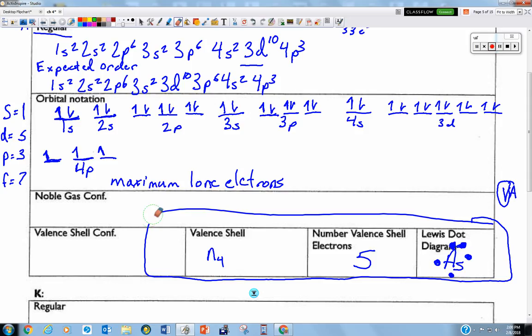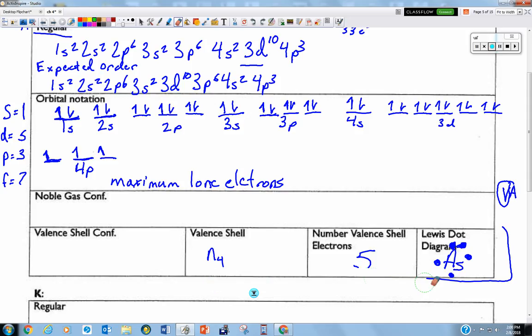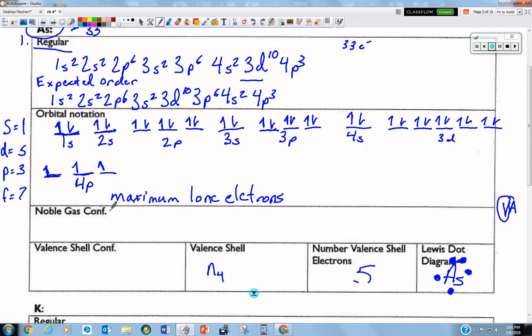Let me erase something real quick just to give myself a little more room. Now, we move to noble gas. And when we're looking at noble gas, what we have to remember is noble gas configuration is a shorthand method for writing this. So what we're going to do now is go back to our periodic table. This is the only reason why we have to do this.